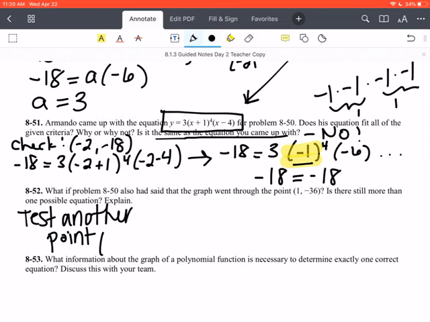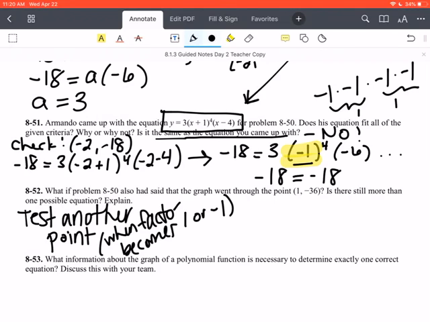So when you have a factor that becomes 1 or -1 after you do the math inside the parentheses.